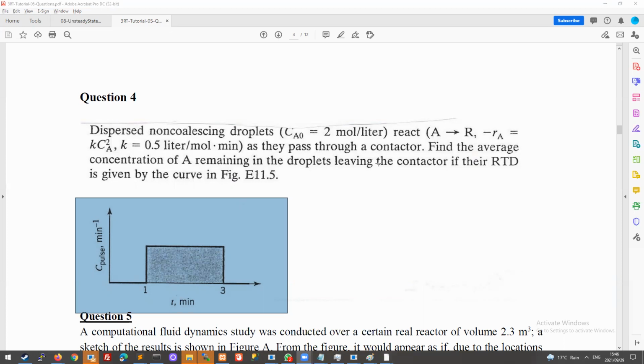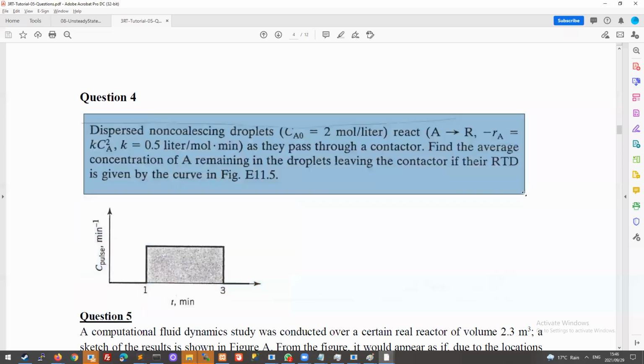Okay, we have someone. Era says we could use the mass balance and find tau as V over Q. So yes, you can get a tau here. Just from looking at this curve, you can see the mean time here is 2. But then you need either V or Q, and we don't seem to have that.